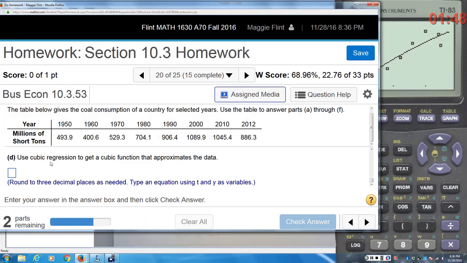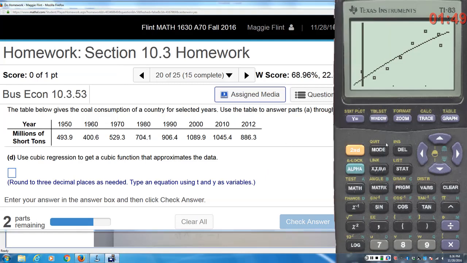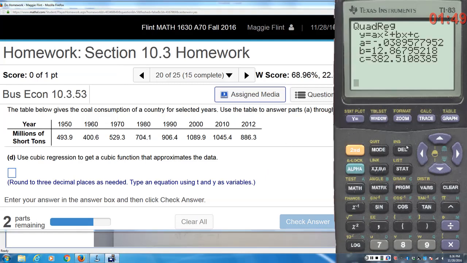Now it says use cubic regression. Okay, so we're gonna go back, and I'm gonna go back to the home screen.